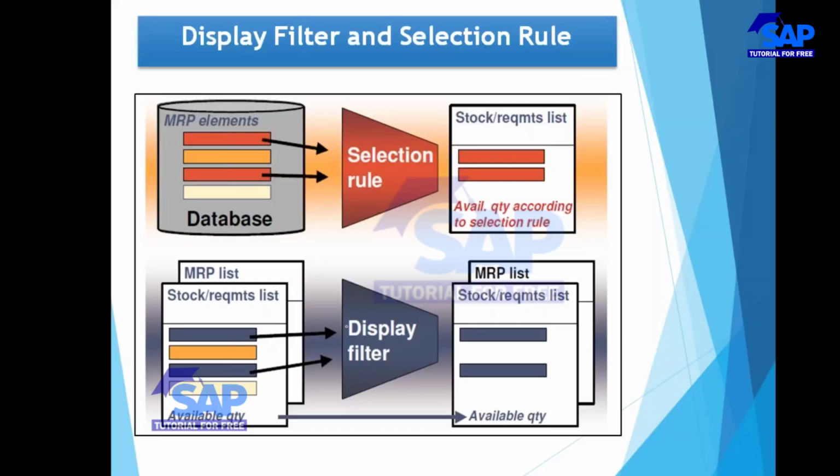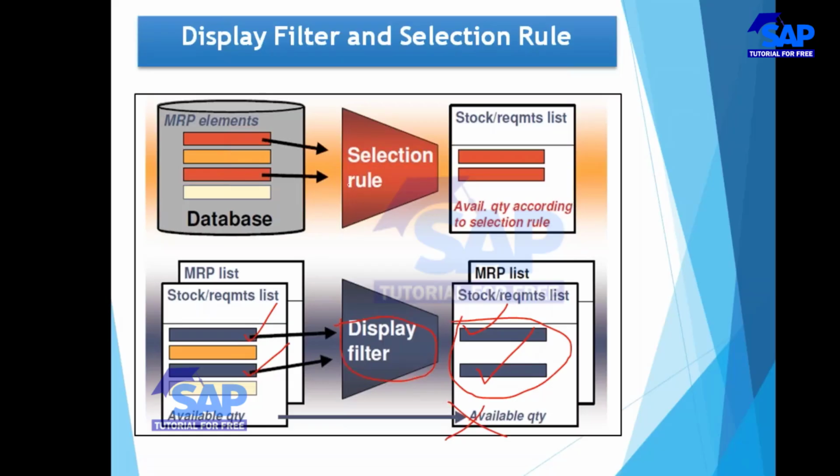With the display filter, you just do the filter: which elements do you want to see? Suppose I want to see only requirement elements. This is a requirement element, this is a requirement element. I want to see only those, so accordingly you will set the filter. Here the available quantity will not show.